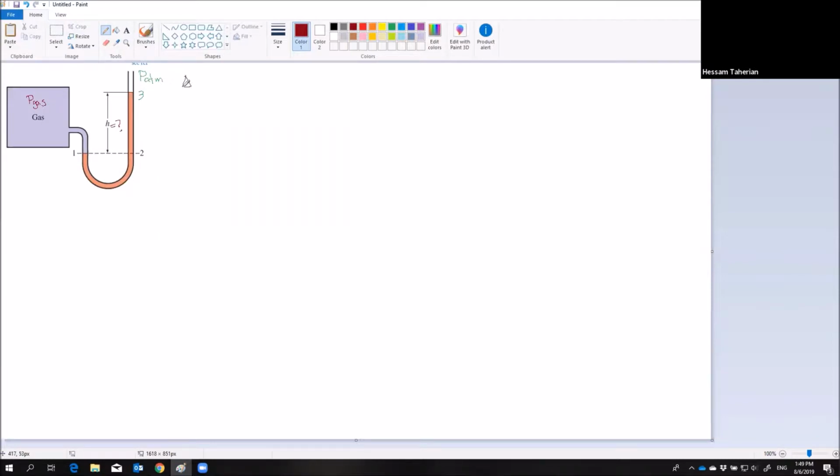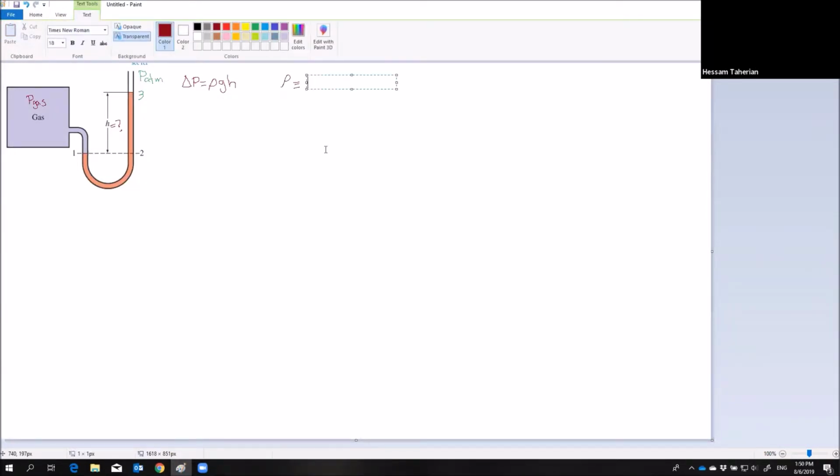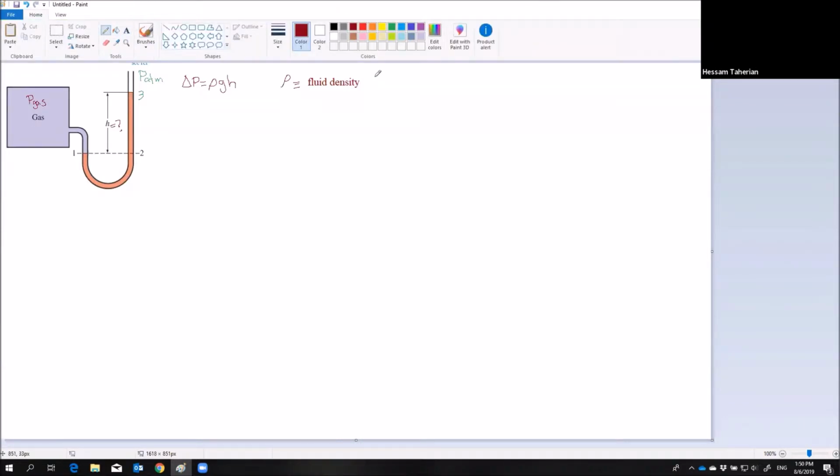The equation that we can use is the equation for change in hydrostatic pressure, which is rho g h. Delta P is equal to rho g h. Rho here is the fluid density with the units kilograms per meter cubed.